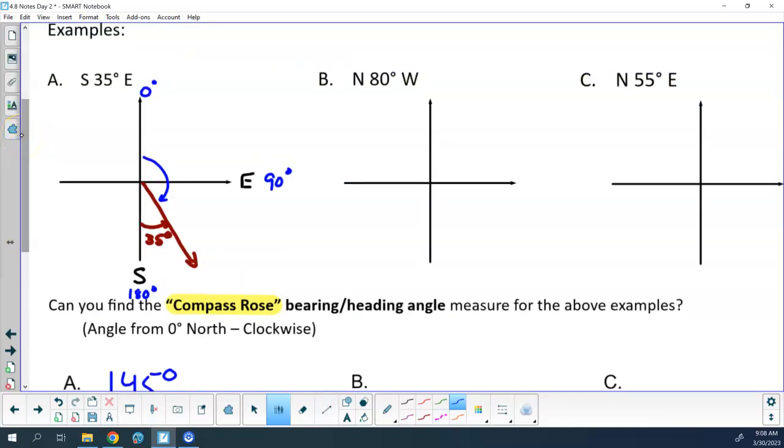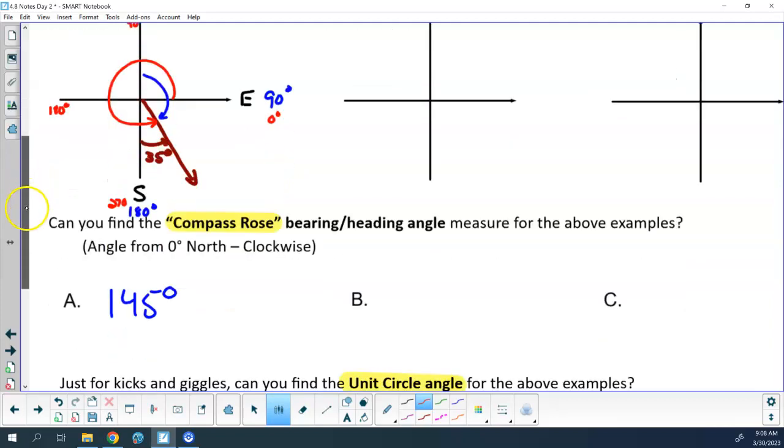So now on the unit circle, 0 is over here, 90 is up here, 180 is over there, 270 is down here. So the unit circle angle would be how much? 305 degrees.